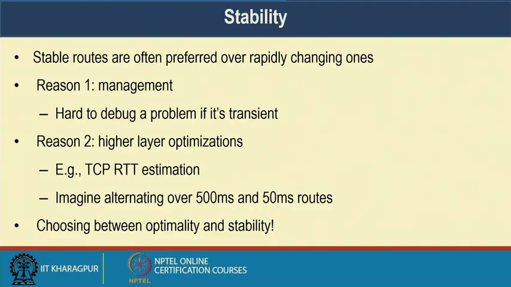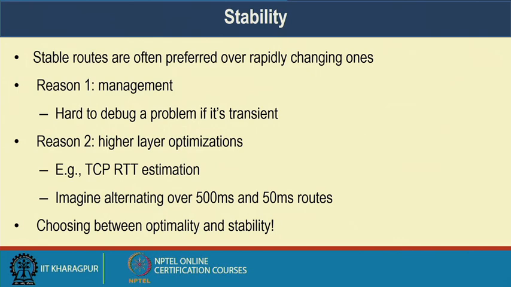The second reason is higher layer optimizations like TCP RTT estimation. If you remember, in this course we discussed TCP and round trip delay, and there will be challenges there. Imagine the routes alternating every 500 milliseconds, or 50 milliseconds, or 5 milliseconds; how will things work then?